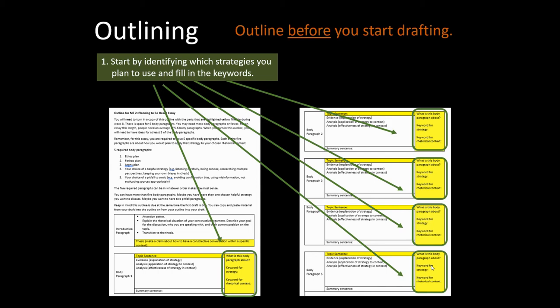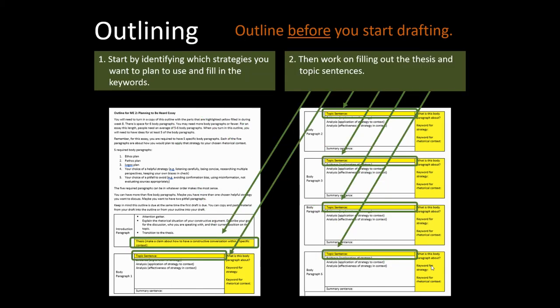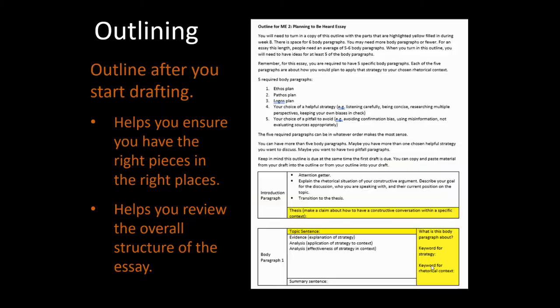And then the keyword for the rhetorical context is that reminder of what argument you're planning to have overall. So fill those parts out so you know generally what the paragraphs are about. And then work on filling out the thesis and topic sentences after that.